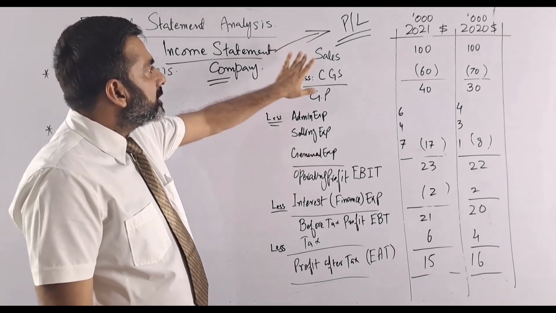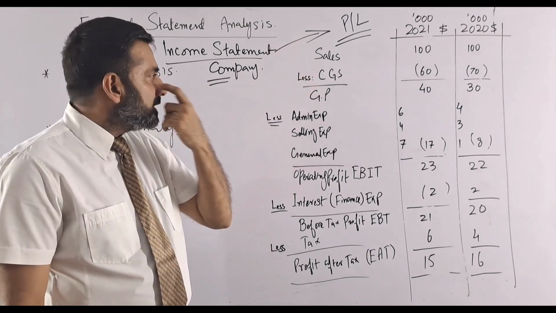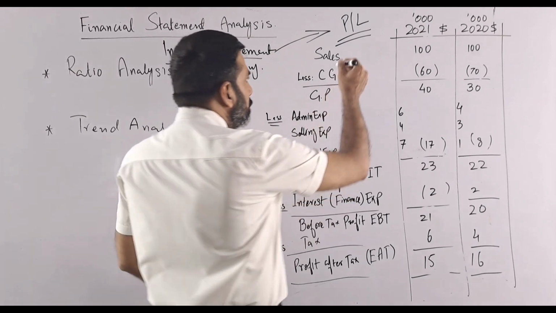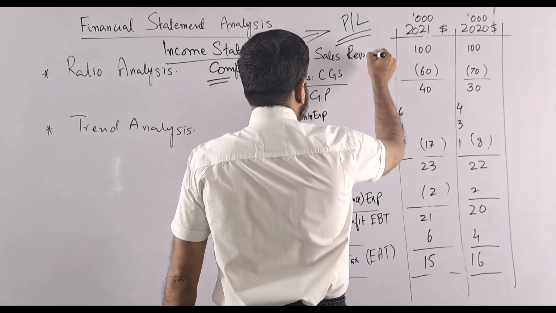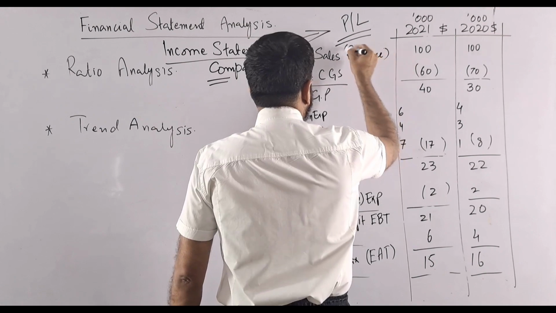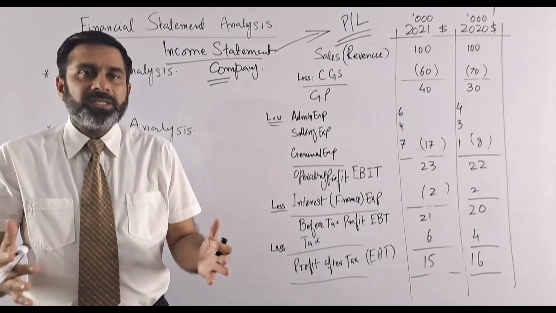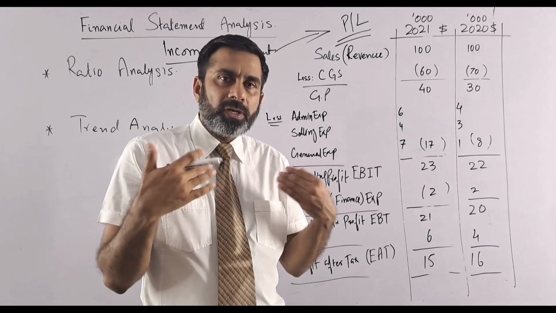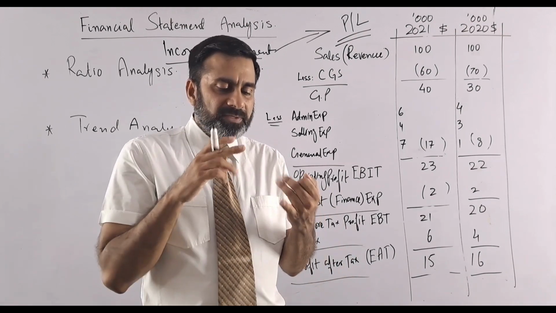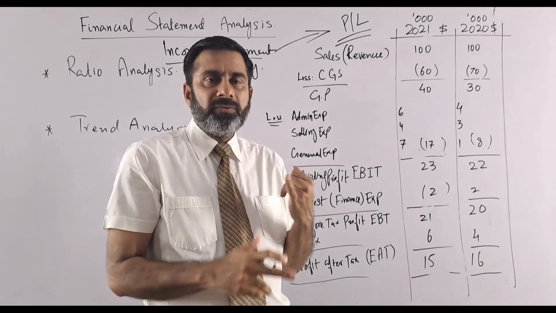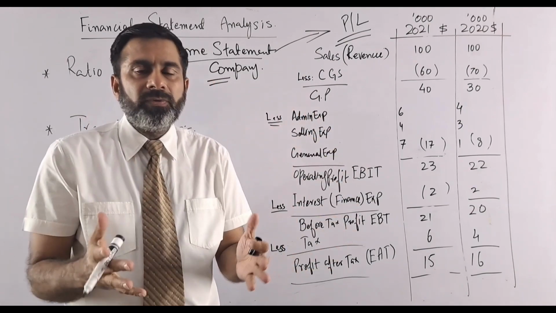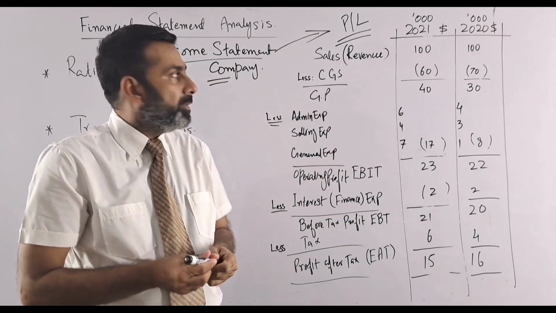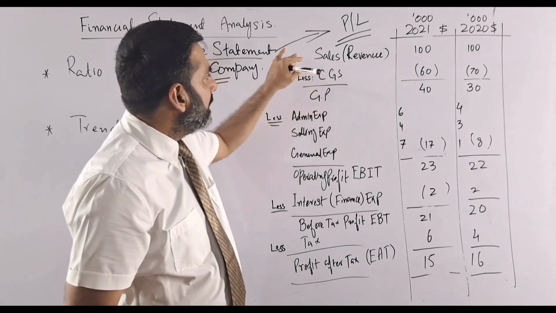First of all, they write the sales. Sales means the total revenue, meaning how much they are getting from customers through the sale of goods or services. The total amount they get from the customers in the form of revenue is called sales.